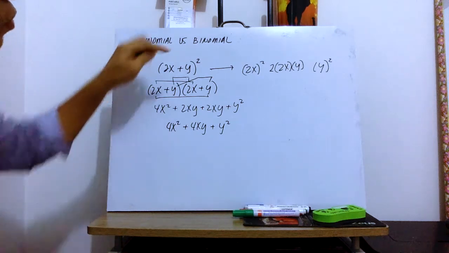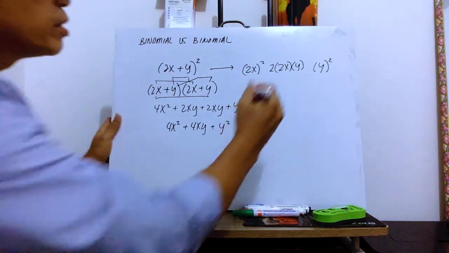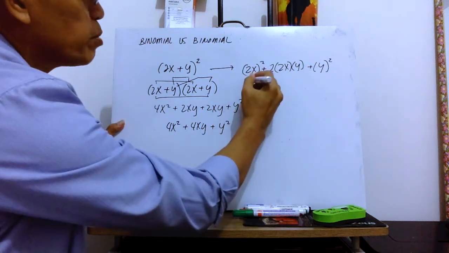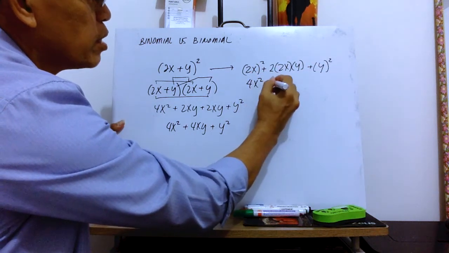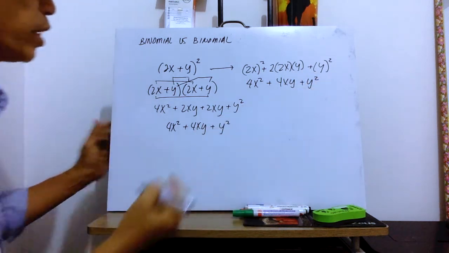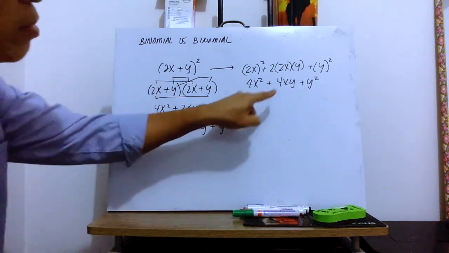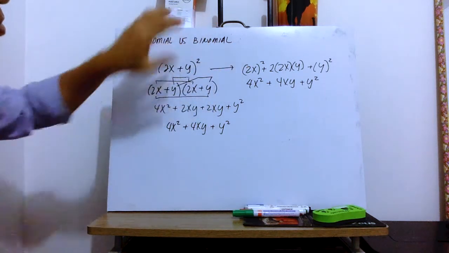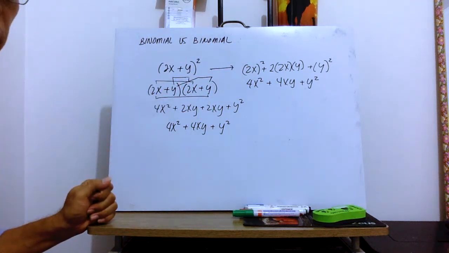That's the shortcut for squaring a binomial. So everything's positive, right? So this becomes 4x squared, this becomes 4xy, and that becomes y squared. Hey, look at that. So choose the shortcut or the FOIL method.